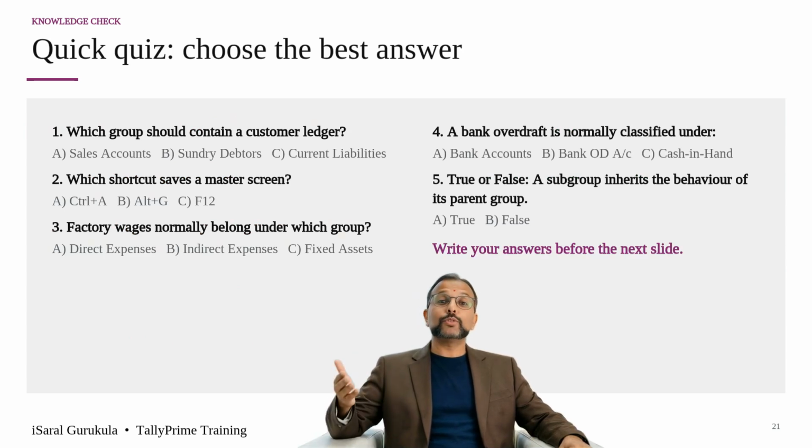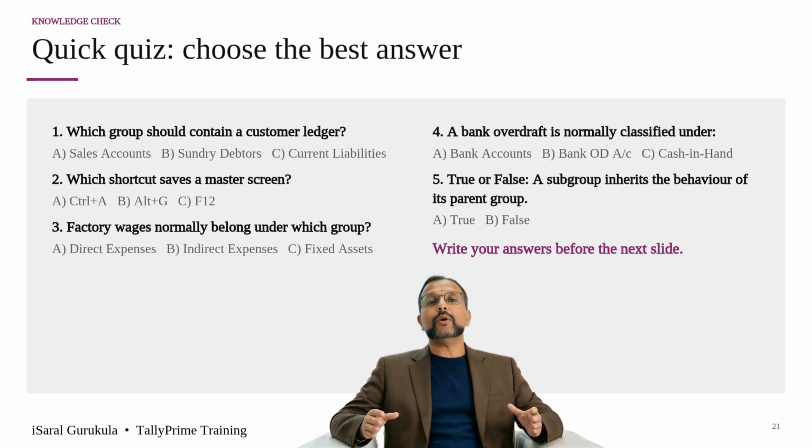1. Which group should contain a customer ledger? Is it sales accounts, sundry debtors, or current liabilities? 2. Which keyboard shortcut saves a master screen? Is it Ctrl+A, Alt+G, or F12? 3. Factory wages normally belong under which group?